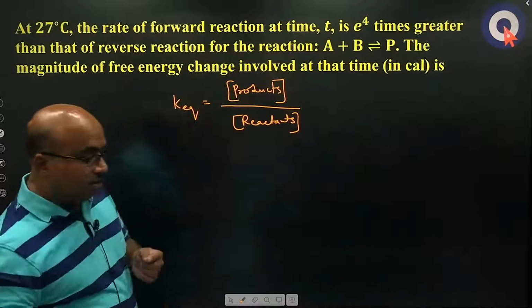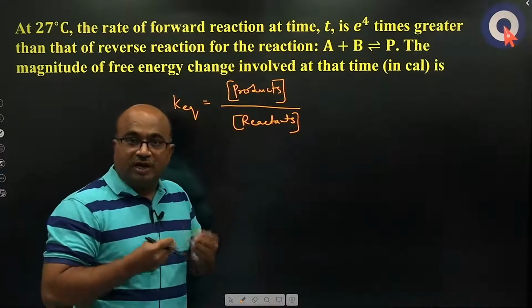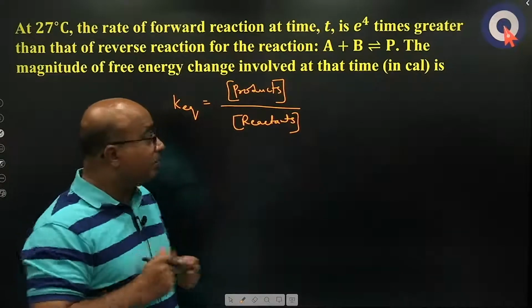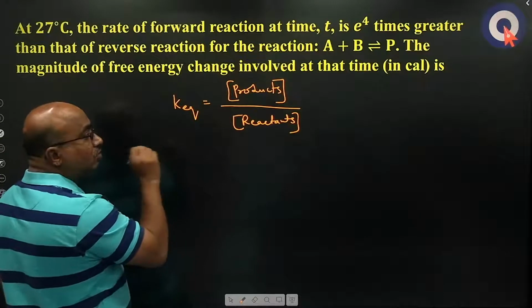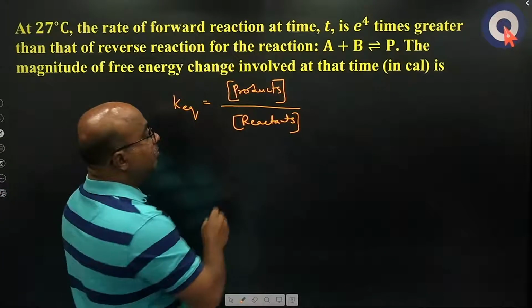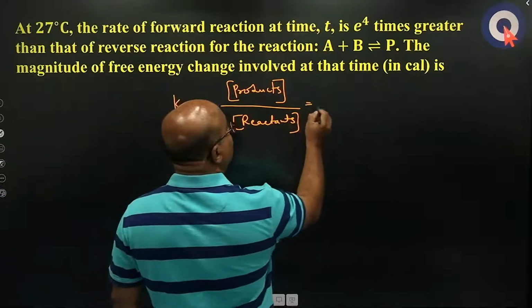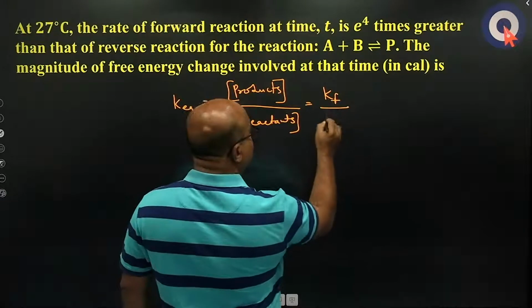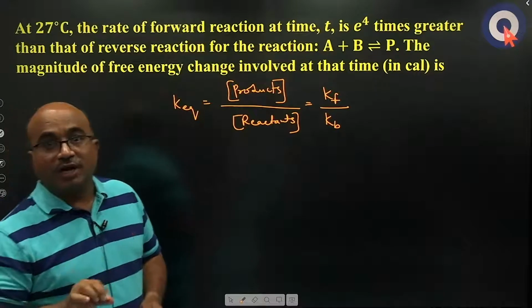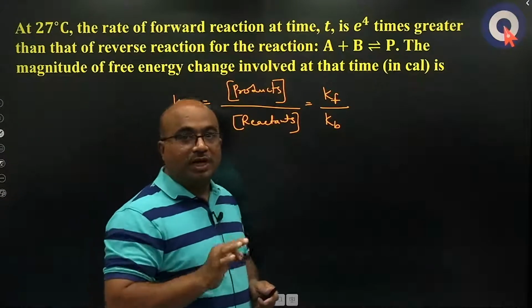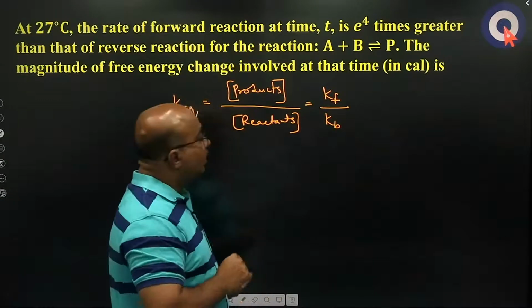But at this stage, the rate of forward reaction is equal to the rate of backward reaction. So when we write the rate constant expression, K equilibrium is also nothing but Kf by Kb. That is, the ratio of forward to backward reaction rate can also be taken as the equilibrium constant.